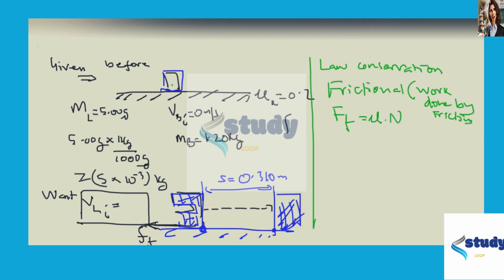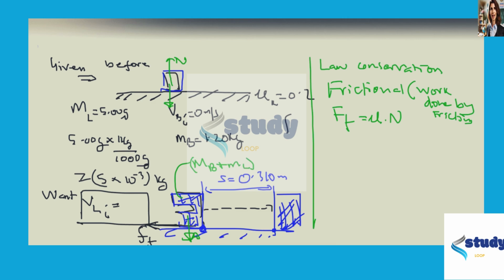Remember, when this thing is moving, there's a normal force pointing that way, and then there's a weight, the weight of the block. Now here it's going to be the weight of the block and the bullet. So we have the mass of the block plus the mass of the bullet together.